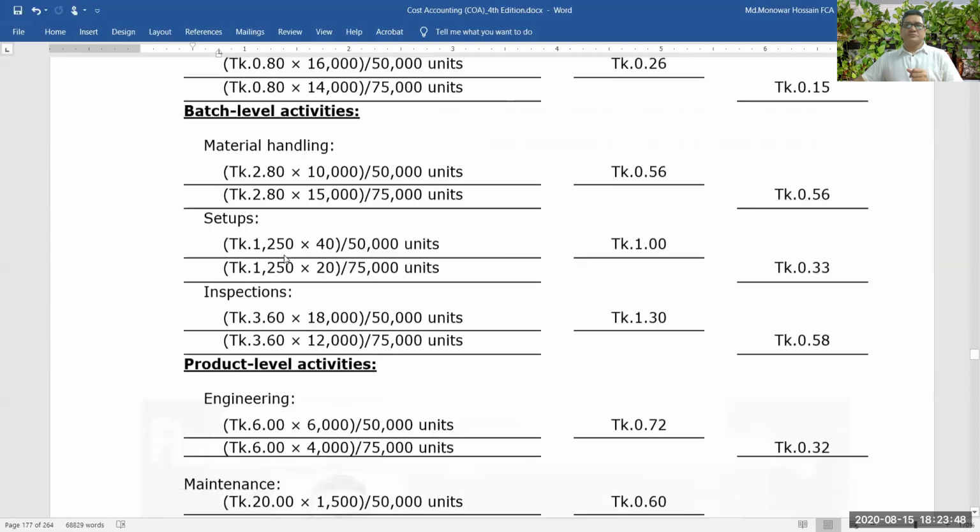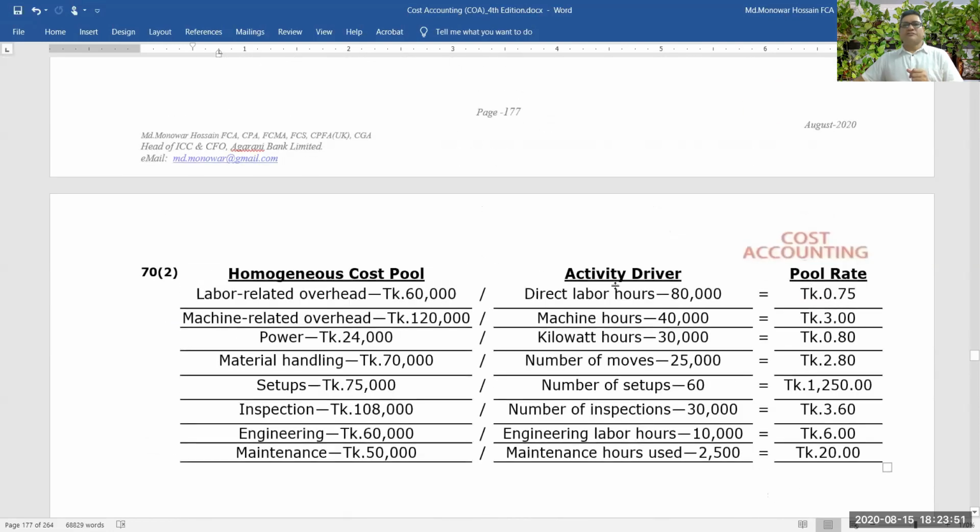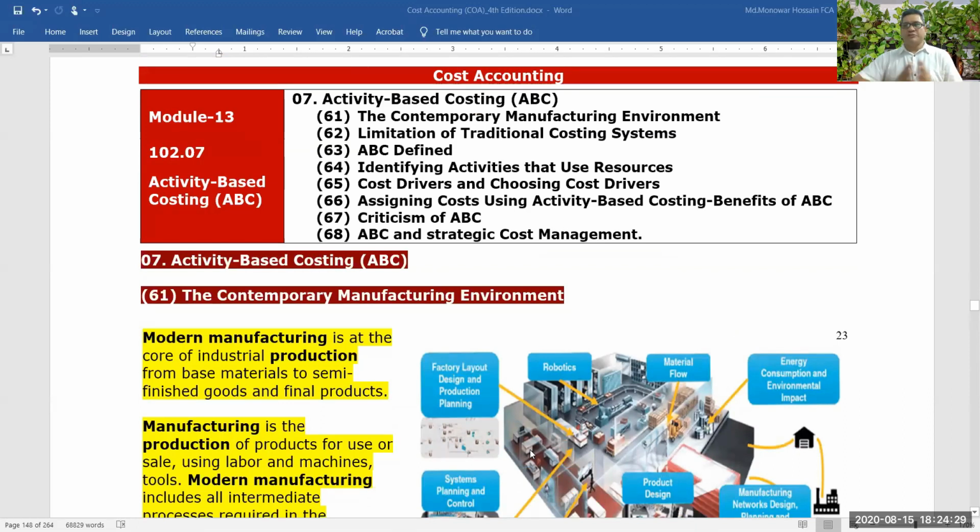So it's all for today. Today we discussed activity based costing, the contemporary manufacturing environment, limitations of the traditional costing system, activity based costing defined, identifying activities that use resources, cost drivers and the choice of cost drivers, assigning cost using activity based costing, activity based costing benefits, criticism of activity based costing, and activity based and strategic cost management.